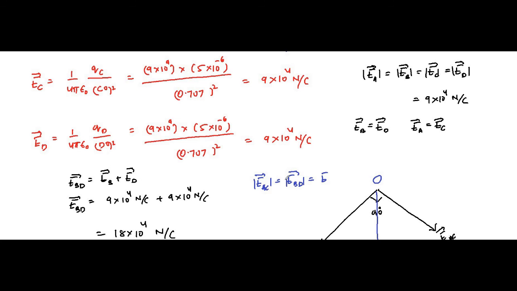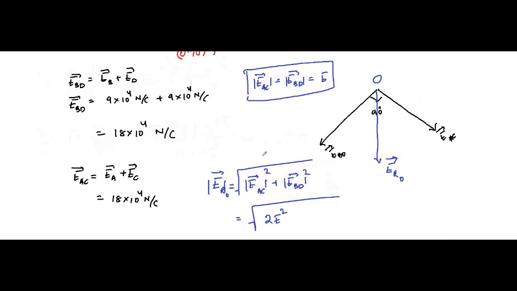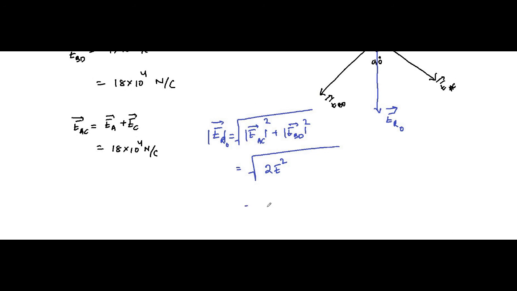EAC vector and EBD vector are equal in magnitude, we are calling it, let's say, E. So we'll put the value here, it will be root 2 E, which is equal to root 2 into 18 into 10 to the power 4 Newton per Coulomb, which is equal to 25.45 into 10 to the power 4 Newton per Coulomb.